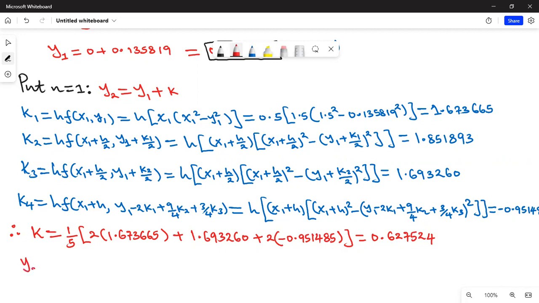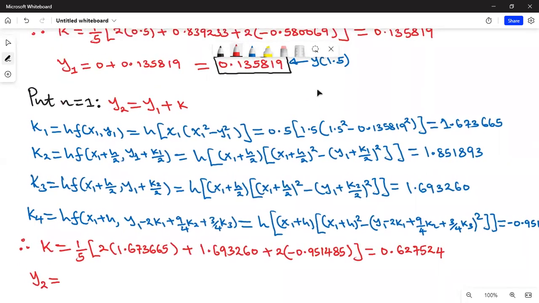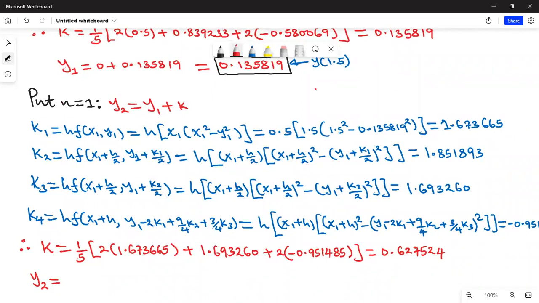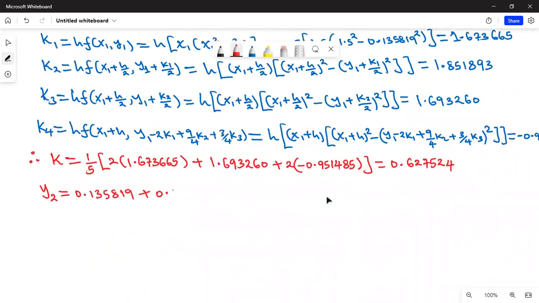Hence, y2 is equal to y1. Already we got the value of y1, it was 0.135819, plus the value of k which we have found, 0.627524.